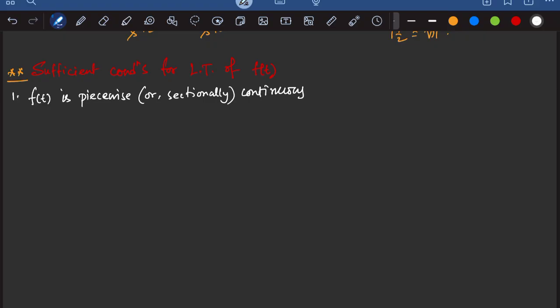If the function is piecewise continuous, then we can proceed with the Laplace transformation.